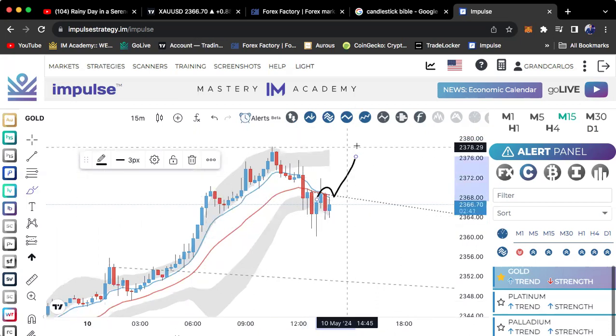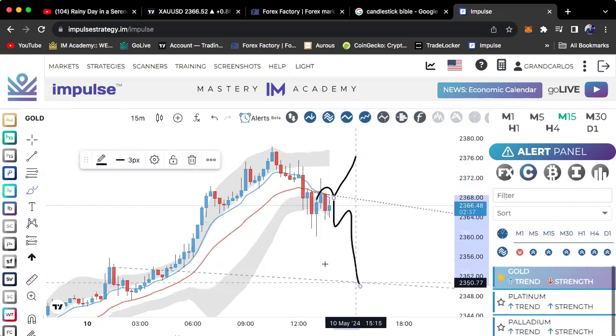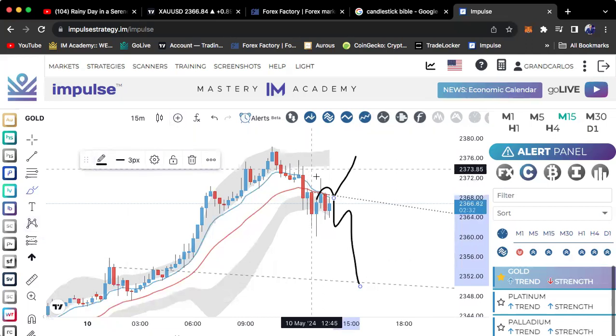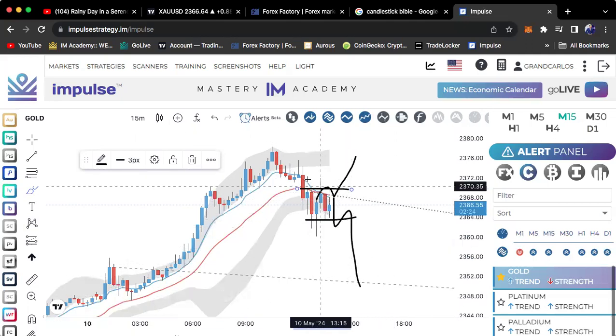But if it doesn't, then it's gonna continue down. If it breaks below, wait for the retest, take it down. If instead it breaks above, retest, ride it up.